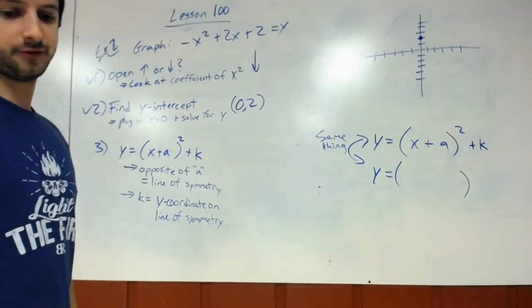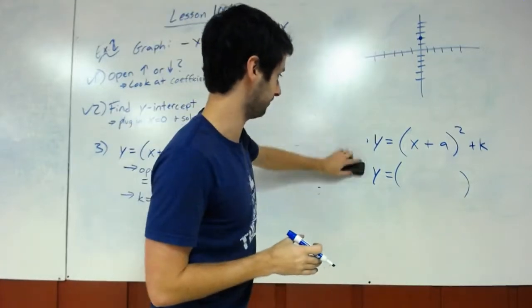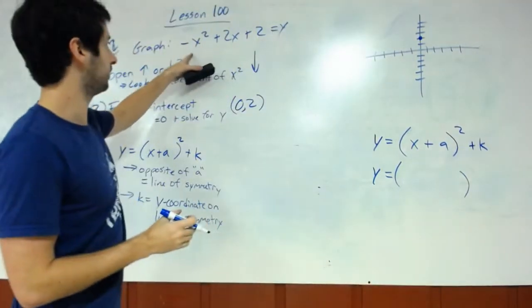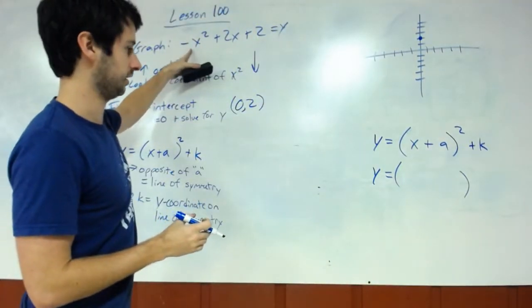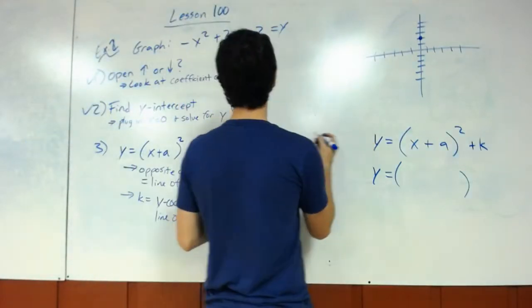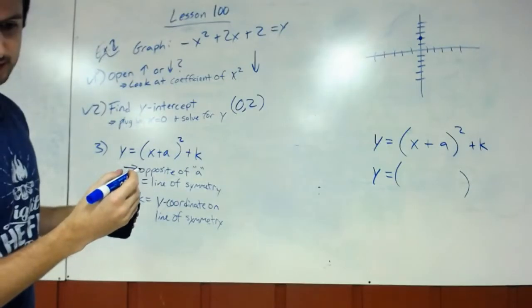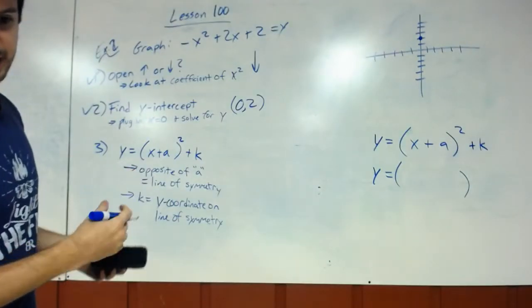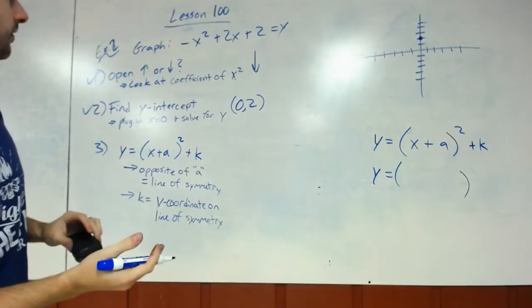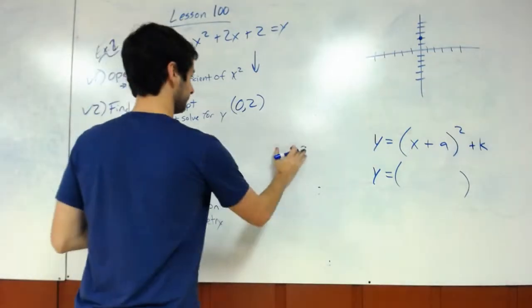Now from this point, when we have a negative for the x squared term, what it likes to do is ultimately divide by that negative. So let me bring this down here.